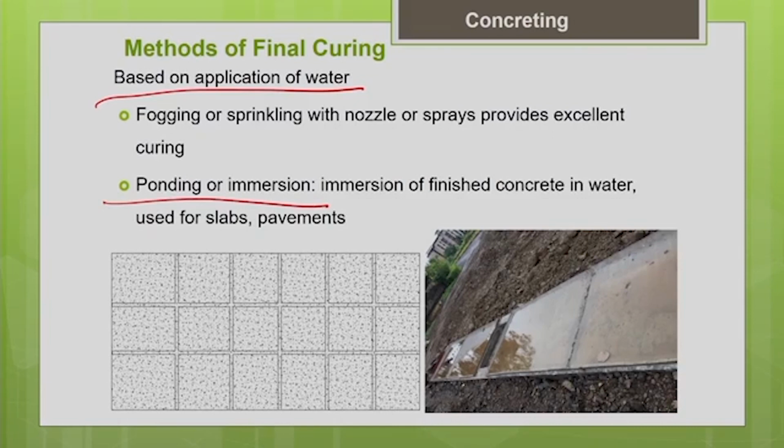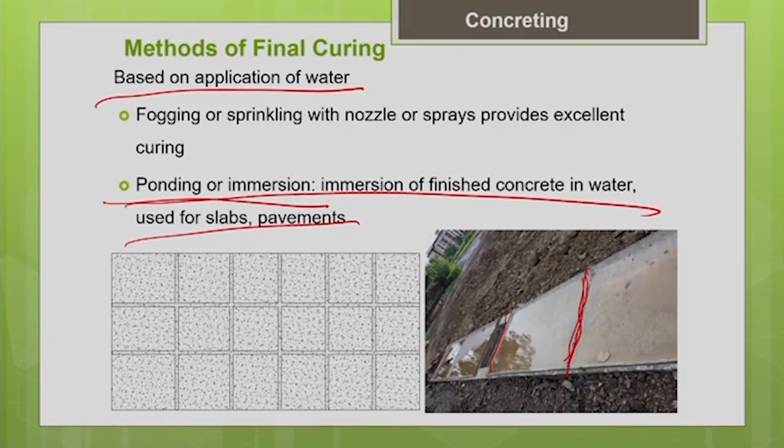We construct small barriers with mortar or concrete and allow the water to stagnate on the surface of the concrete. This prevents the loss of water from within the concrete to the outside environment, and it also supplements whatever water it has lost. Ponding is the best method for slabs and pavements, and it is an effective method to prevent plastic shrinkage cracks.